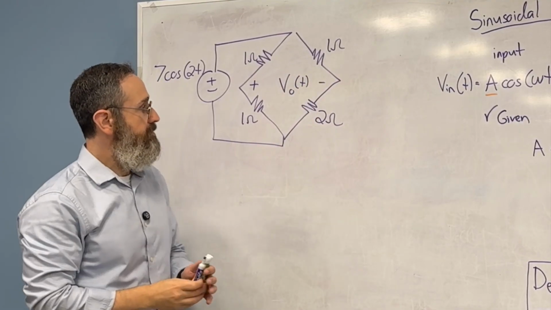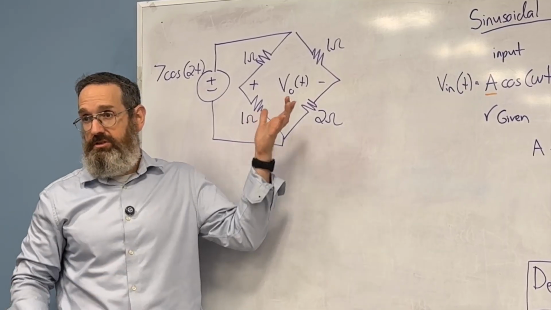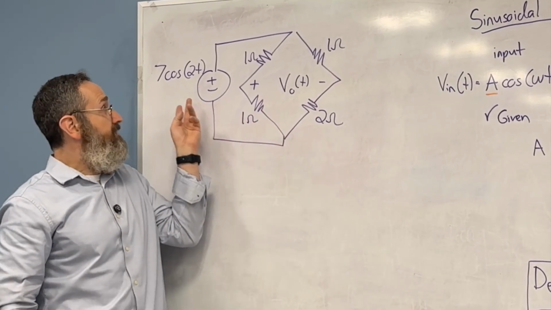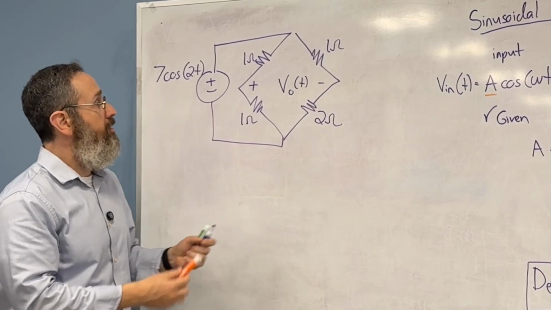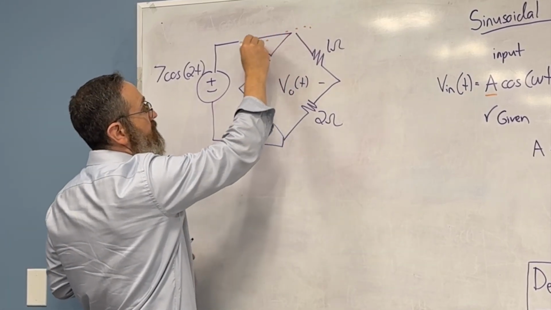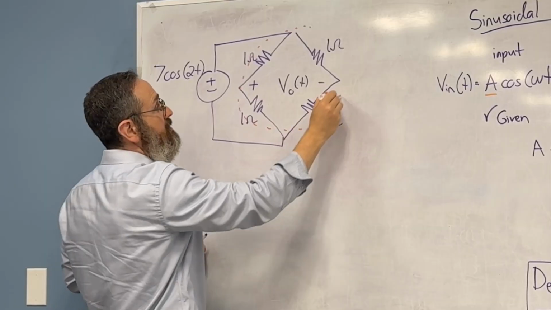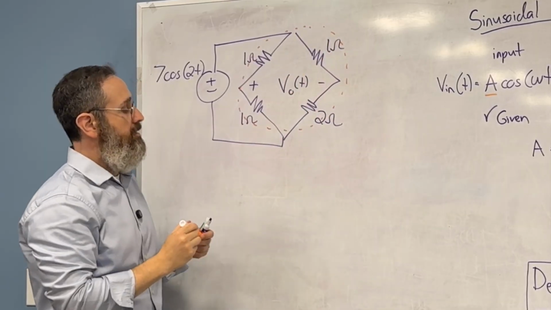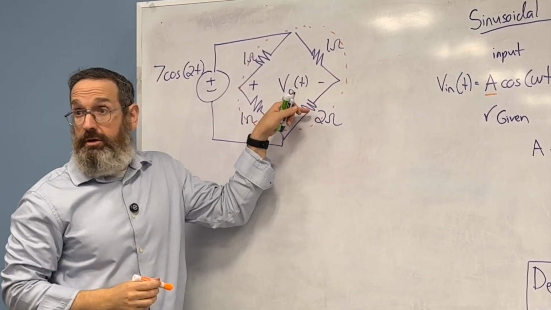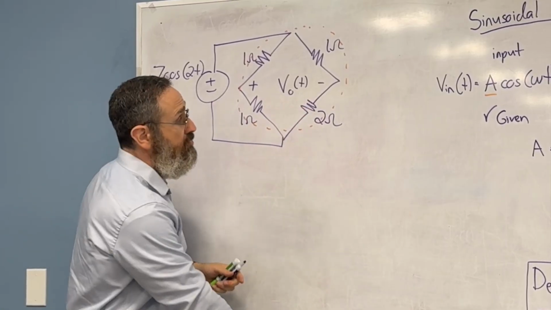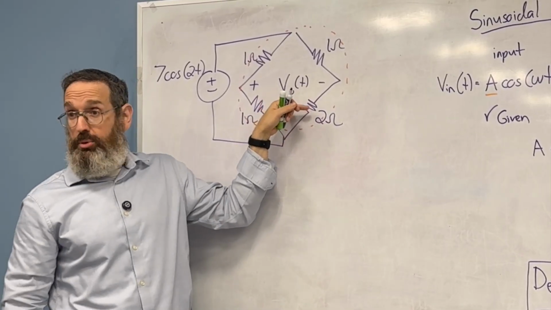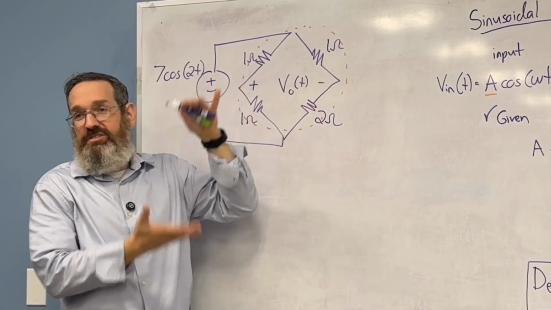Now we want to play the game of sinusoidal steady state analysis. We have an input, a system, and an output. In sinusoidal steady state analysis, you have to figure out the output, but that just means figuring out the gain.